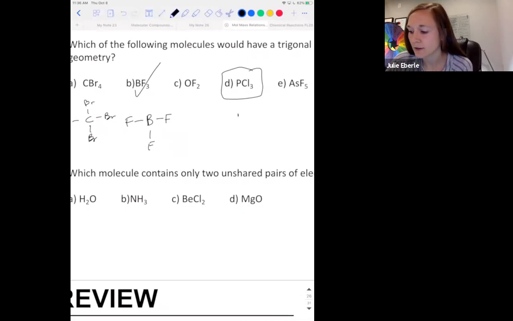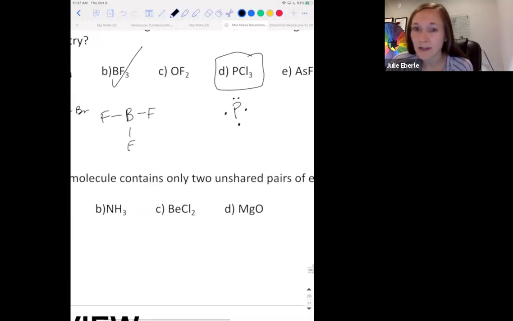Let's draw it. How many valence electrons does phosphorus have? Kathleen said it would have a lone pair. Phosphorus is in main group 5, so it starts out with 5 valence electrons like this. It shares the 3 that are not paired.